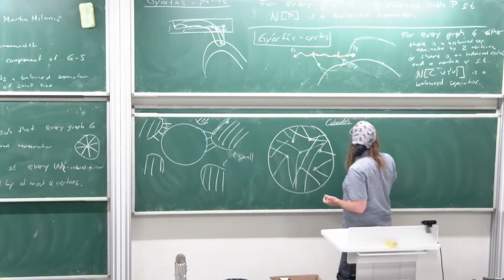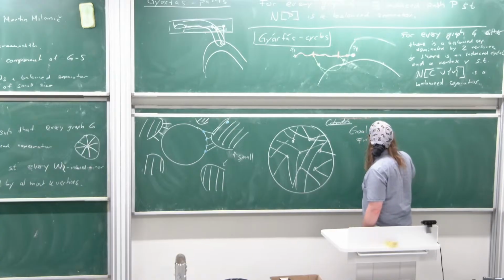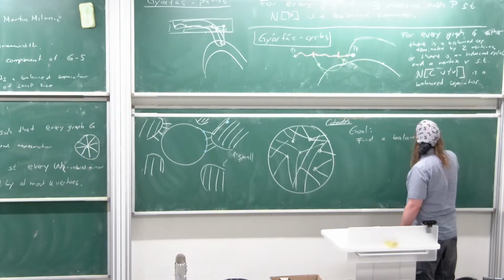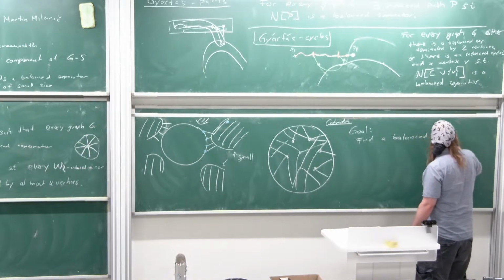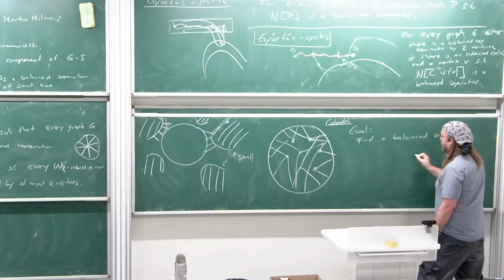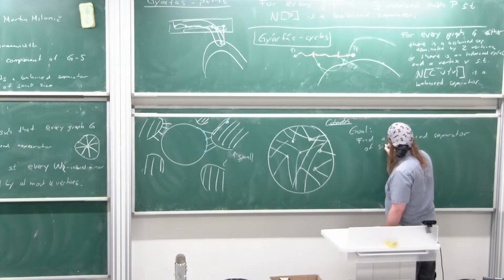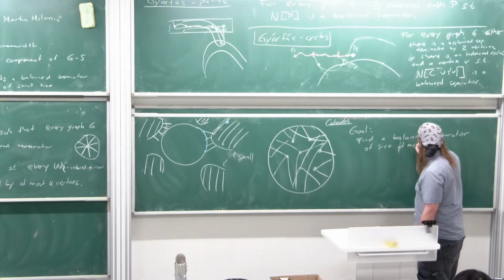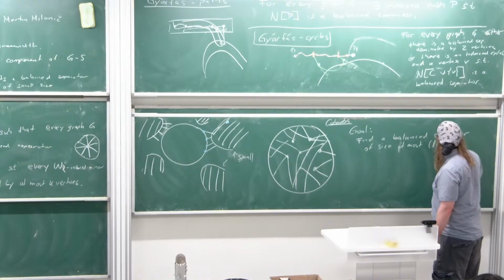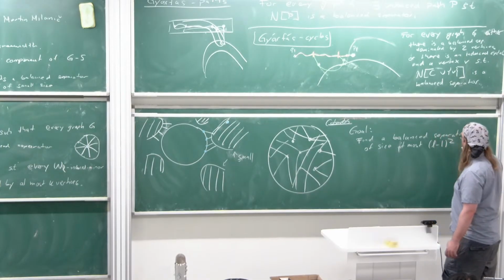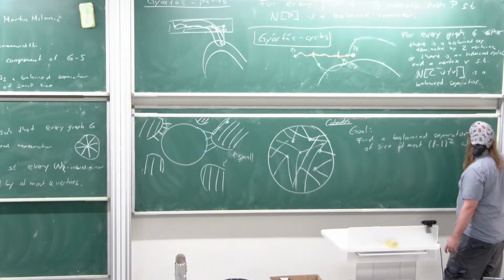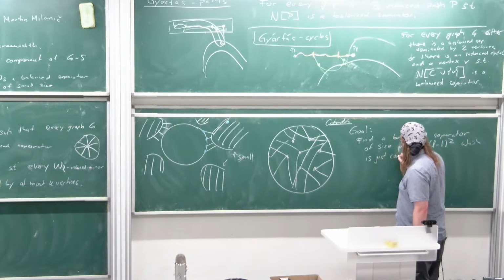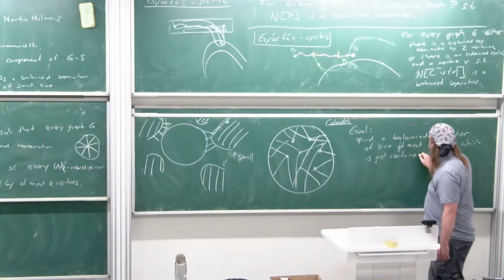And we want to find a balanced separator of size at most L-1 squared, which is just contained on the cycle.